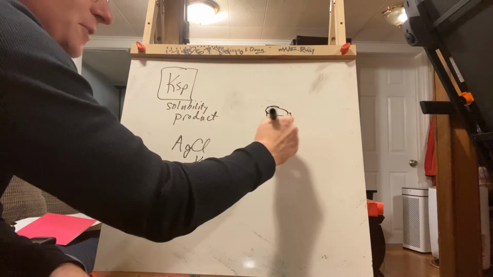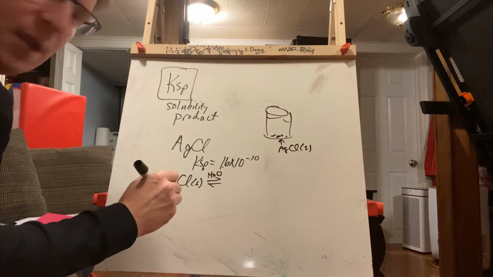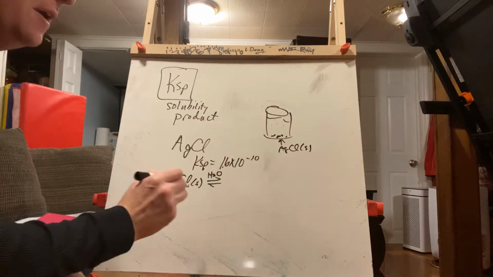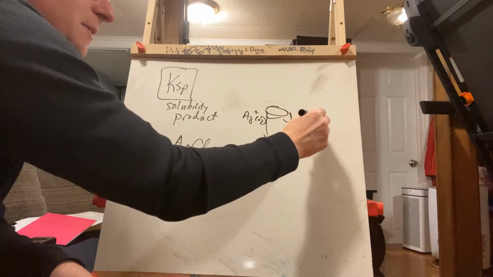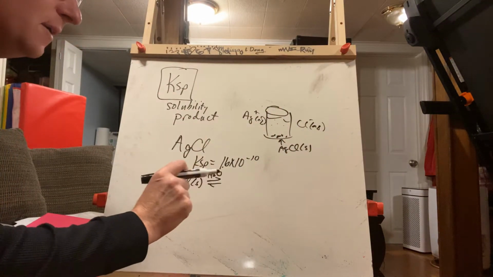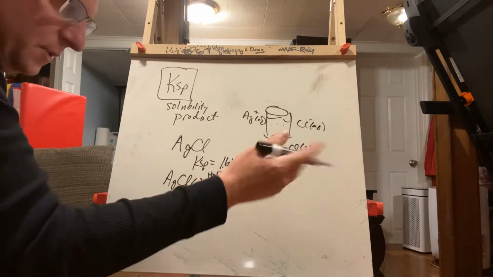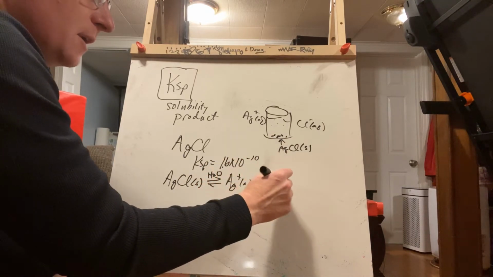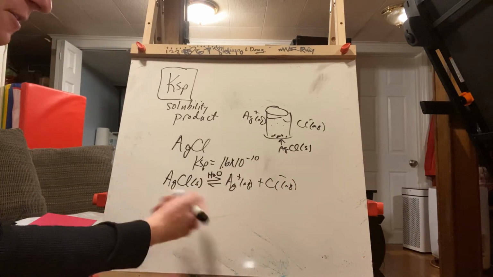All the AgCl will be a solid on the bottom, but you're going to have a few Ag pluses and Cl minuses dissolved and surrounded by the water, but a really, really small amount of those things. So AgCl dissociates, it turns into Ag plus and Cl minus.